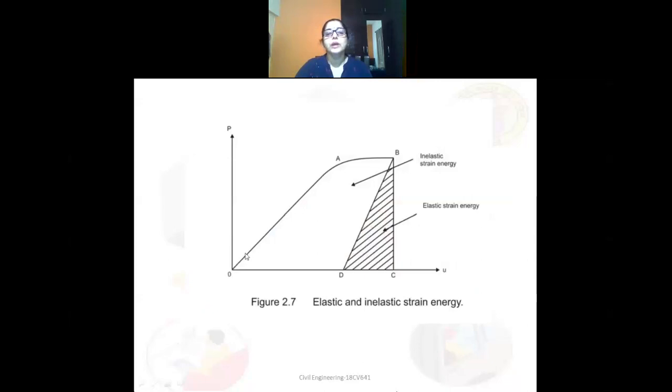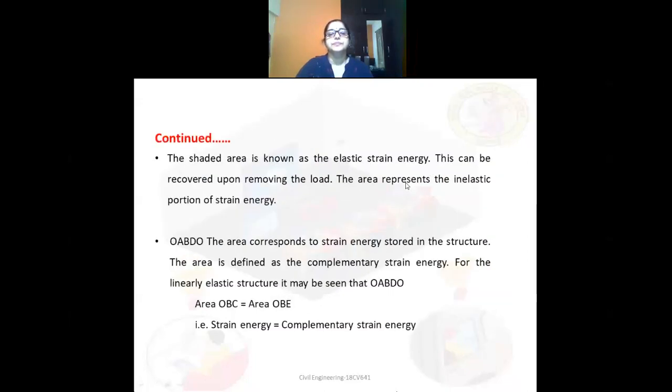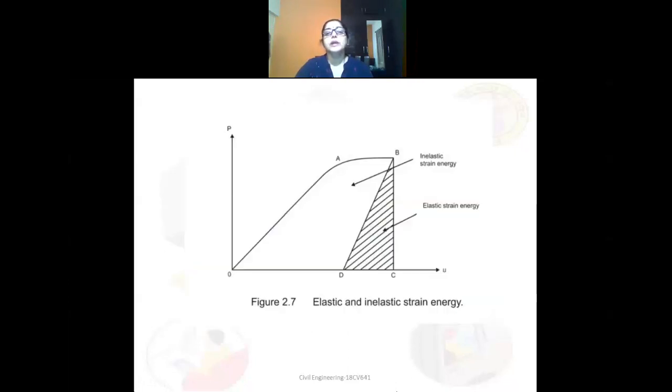It may be seen that OABDO is an inelastic strain energy. And area OBC is equal to area OBD.